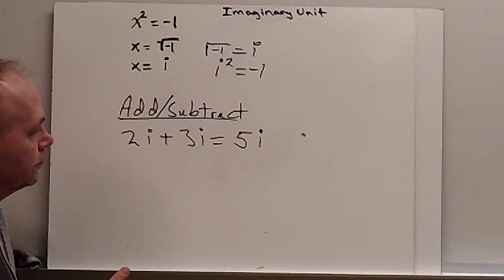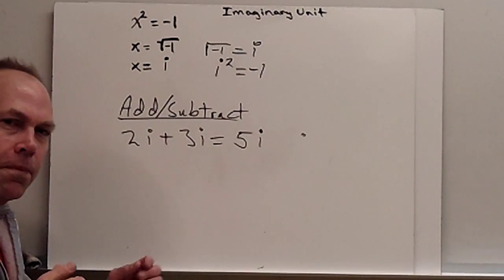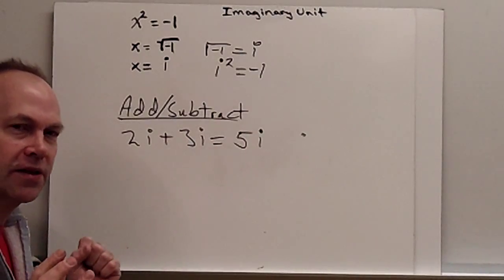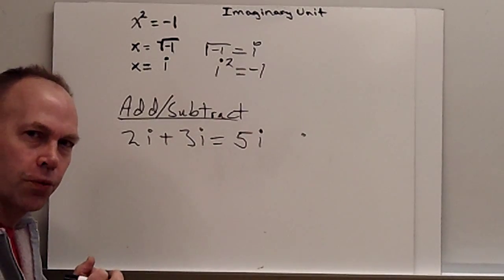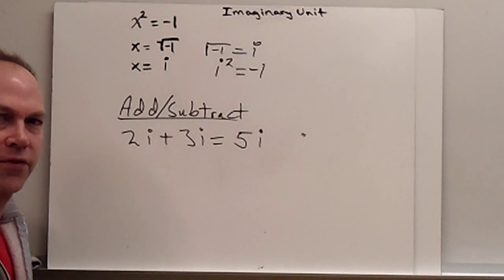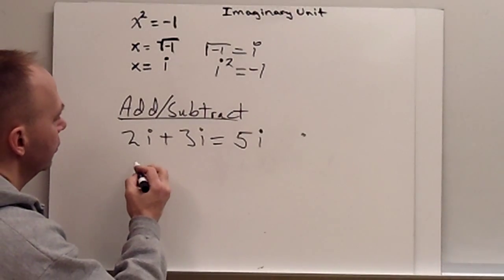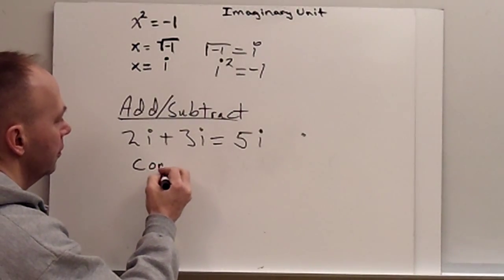Now, when we put the imaginary numbers together with the real numbers, we get a new set of numbers. We call those the complex numbers.